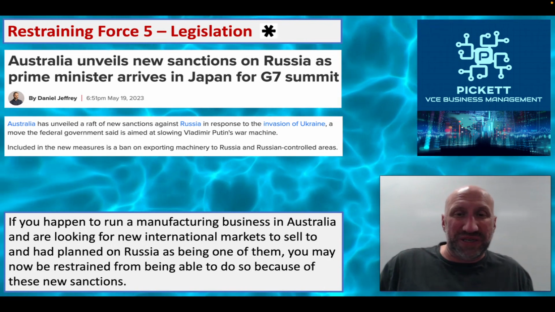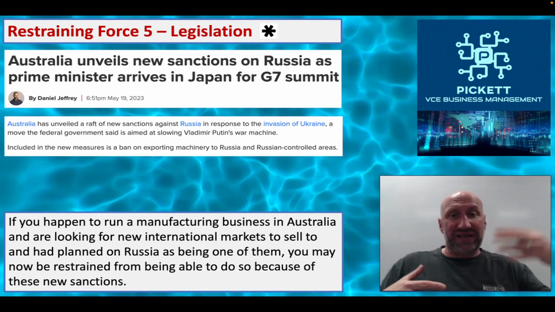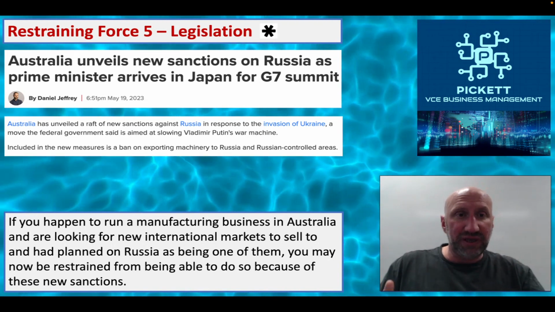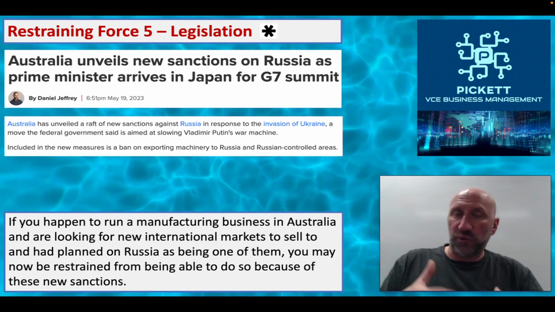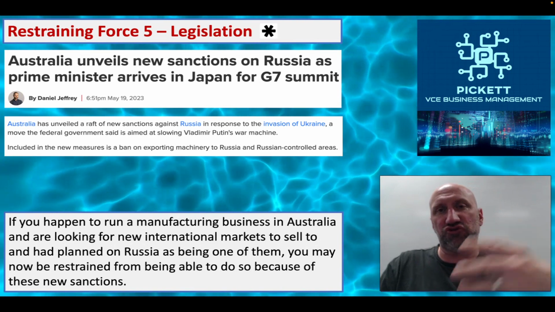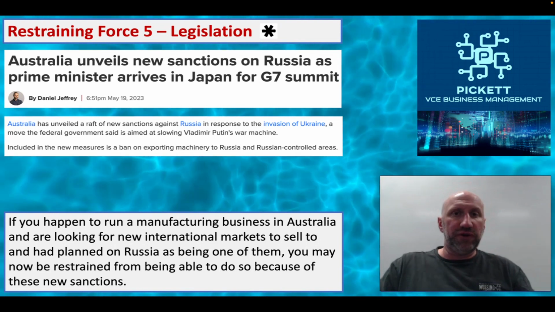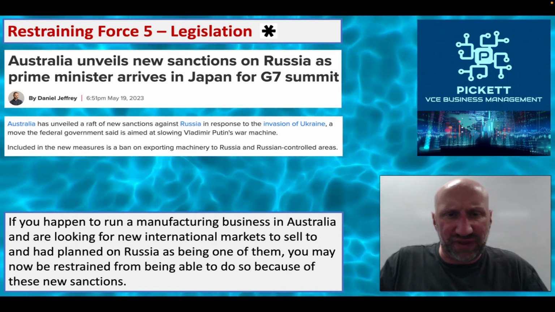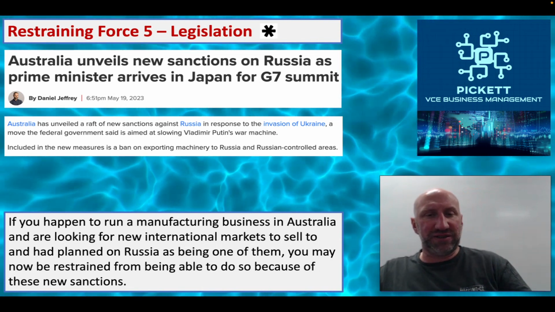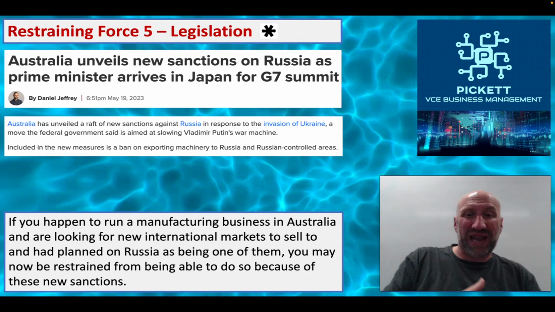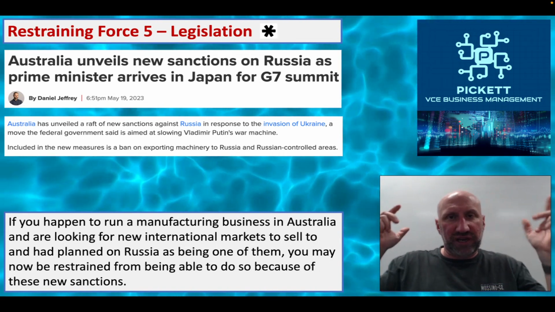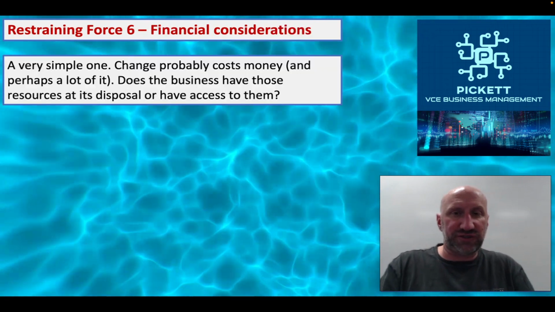So if you were an Australian business exporting machinery to Russia or planning on doing so, now legally you will not be able to do so. In that way, legislation is acting as a restraining force for you doing what you want to do. That makes sense. If you're looking for new international markets, and Russia was part of your plans, you're now restrained from doing so because of these new regulations, legislations, sanctions.